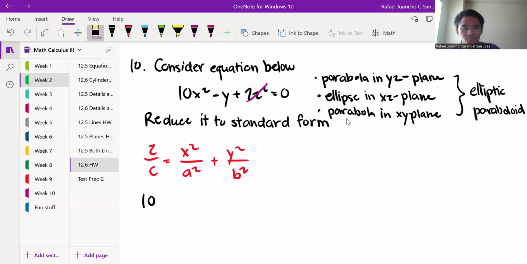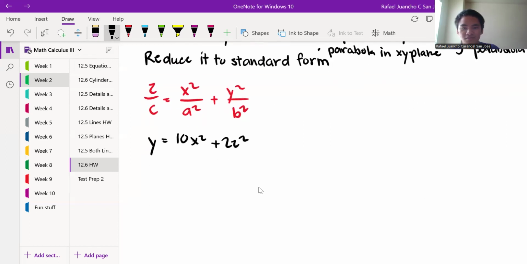So y is 10x squared plus 2z squared. And then we can divide everything by 10, or by 2 actually. Let's divide everything by 2. So this gives us y over 2 equals 5x squared plus z squared. And now this is in standard form.